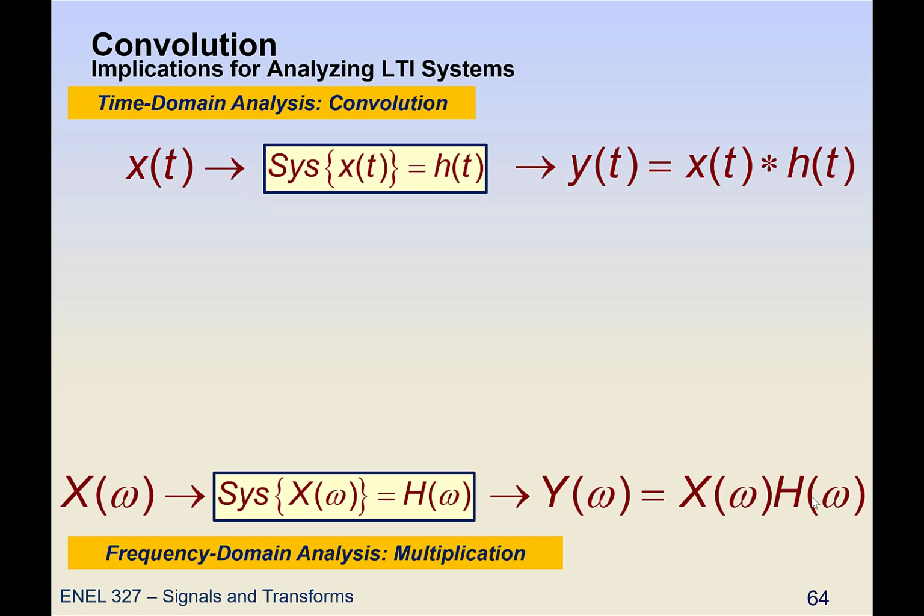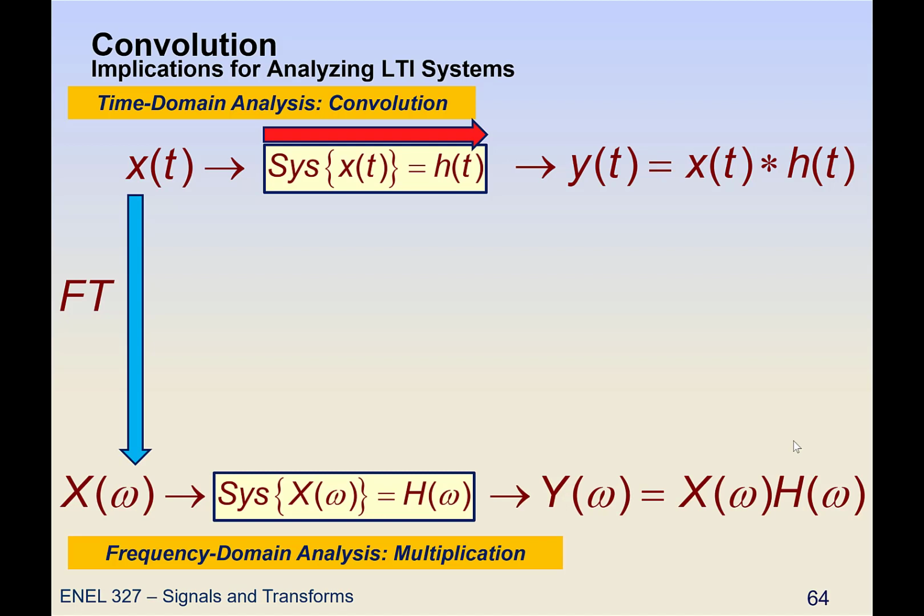Now think about what that means. So you could do it the probably more difficult way, and that is, if I want to find the output, I'm going to just do a convolution of the impulse response h of t with the input x of t. But now we have an alternative. Rather than taking that short but difficult path, I can take the original input and find the Fourier transform.